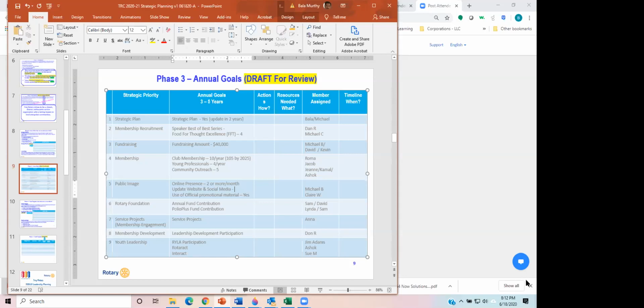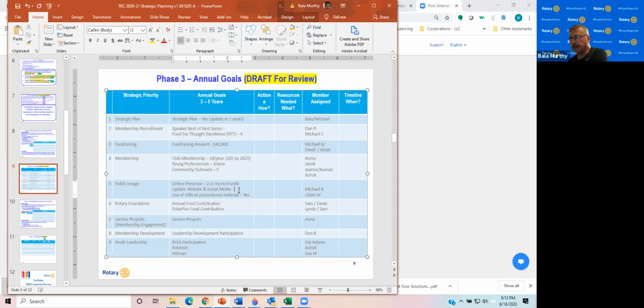So now I was going to say, we have 2 options here: online presence 2 or more per month, or we just combine the whole thing and call it 2 or more per month, or you want to have a separate line item called update website and social media? I think that's a good question.